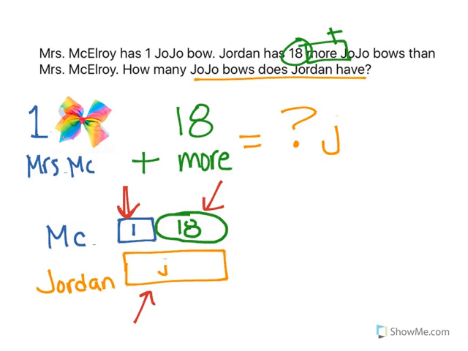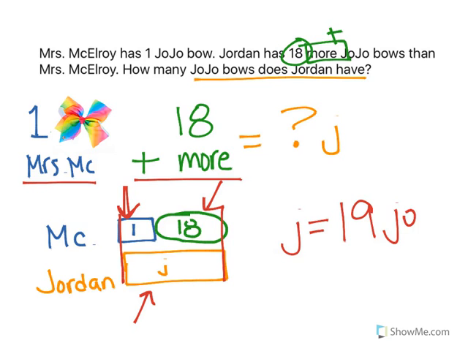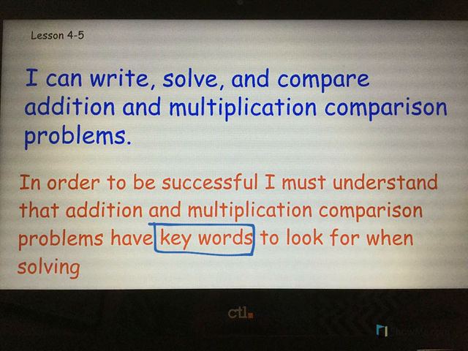So we're trying to figure out how many jojobas, or J, Jordan has. One of the ways that we can set this up is from 3rd grade, looking at comparison bars. When we set it up, we use the numbers to start with what we know. We know that Mrs. McElroy has 1, and we don't know yet how many Jordan has. Where the bar gets different than in multiplication is where we do a circle to compare how many fewer or how many more. In this case, Jordan has 18 more jojobas.